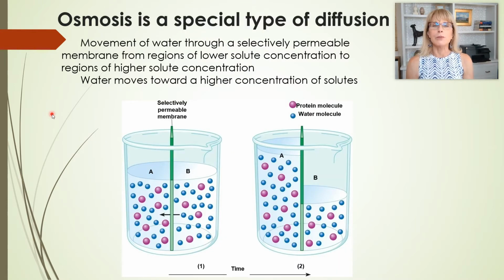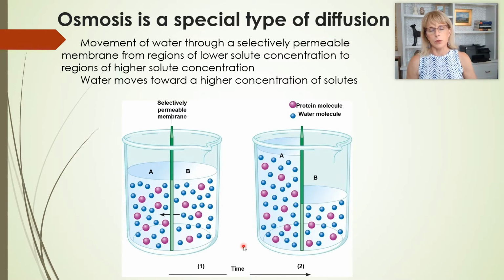So osmosis is a special type of diffusion. It's the movement of water across a selectively permeable membrane. Selectively permeable. So in this case, earlier I showed you a permeable membrane. In this case, this membrane is selectively permeable. So whatever this little pinky purpley sphere is, it is not allowed to move across the membrane, but water can.